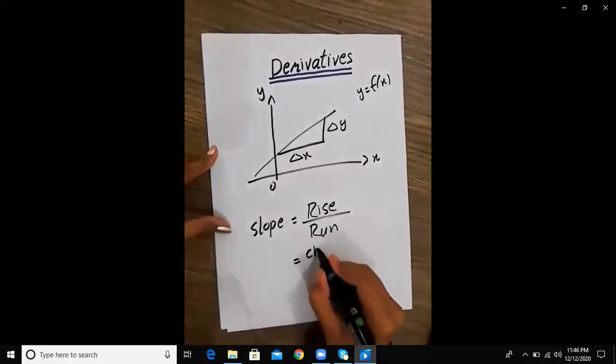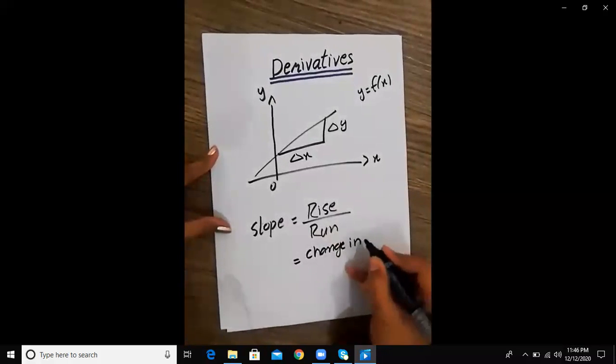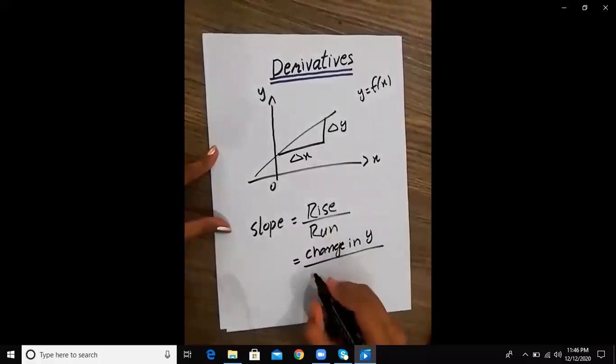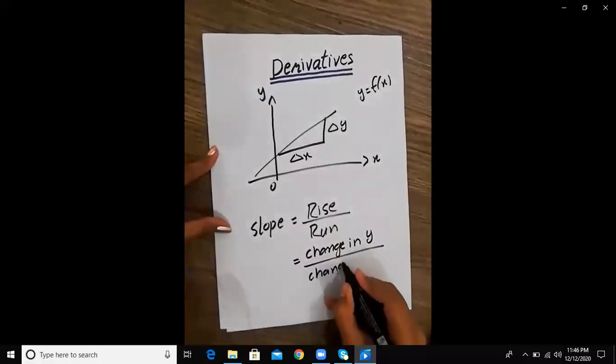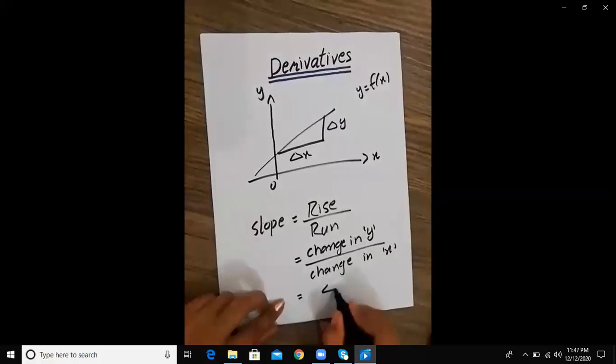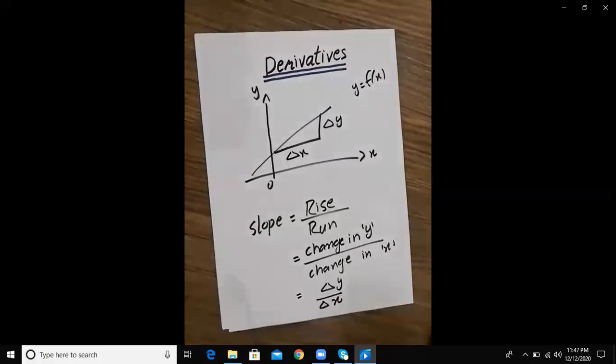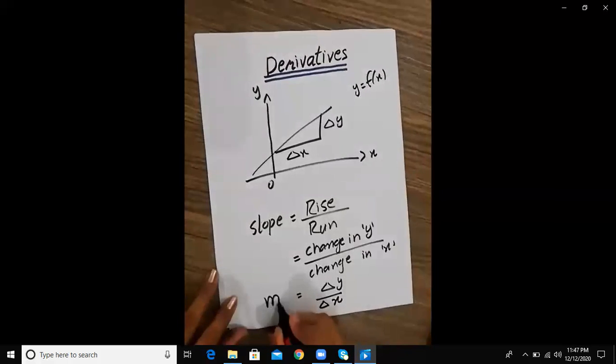We can also write it as change in y. Rise is also known as change in y, and run is known as change in x, where change in y is delta y and change in x is delta x. So this is the slope of that straight line, which is denoted by m.